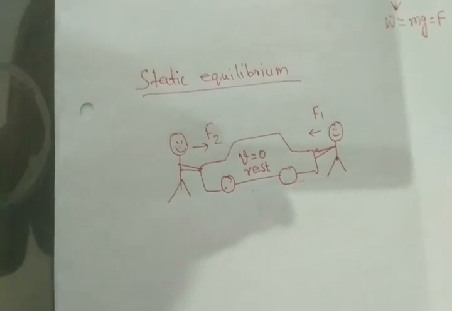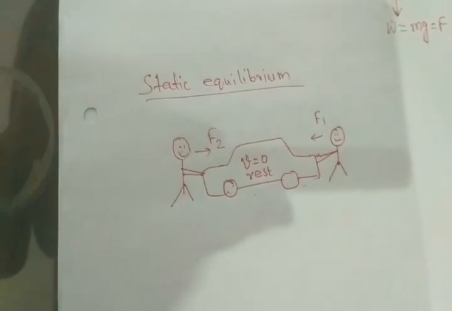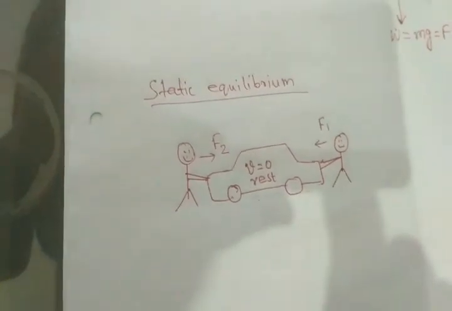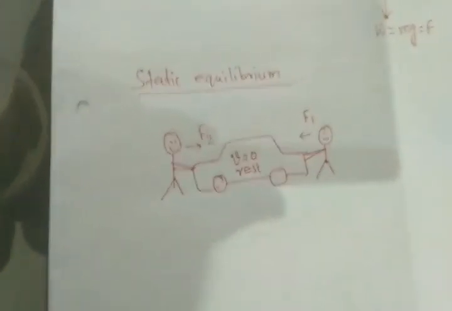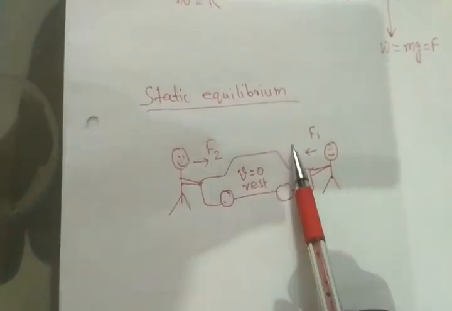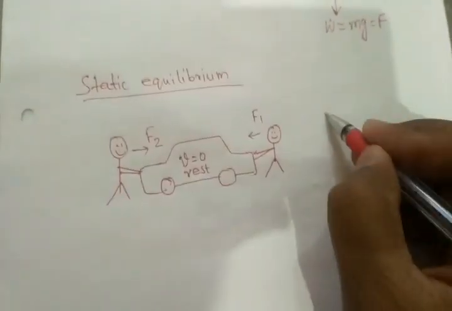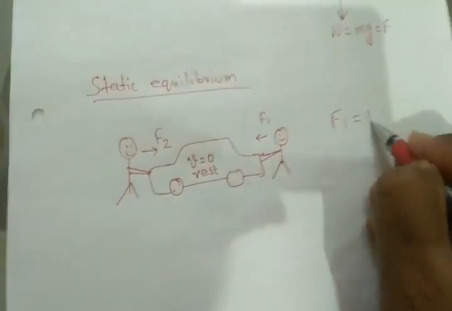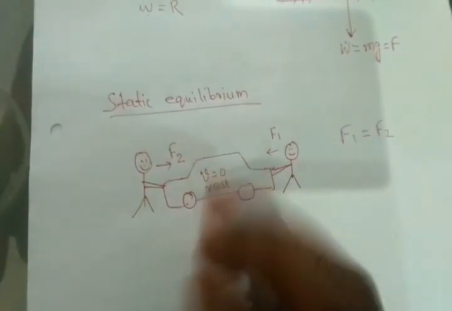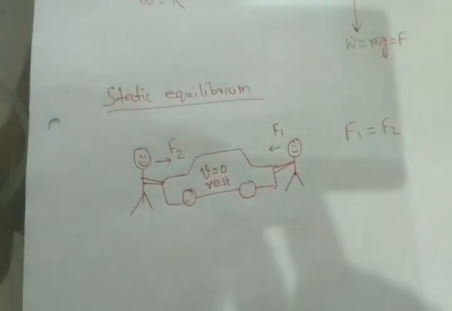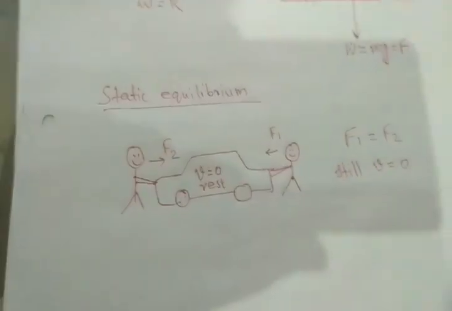If I ask in which direction the car will move, what will you answer? Think about it. Actually, you can't answer. You will ask which force is more. Suppose the force F1 is equal to F2, so there will not be any change. This is exactly called static equilibrium.